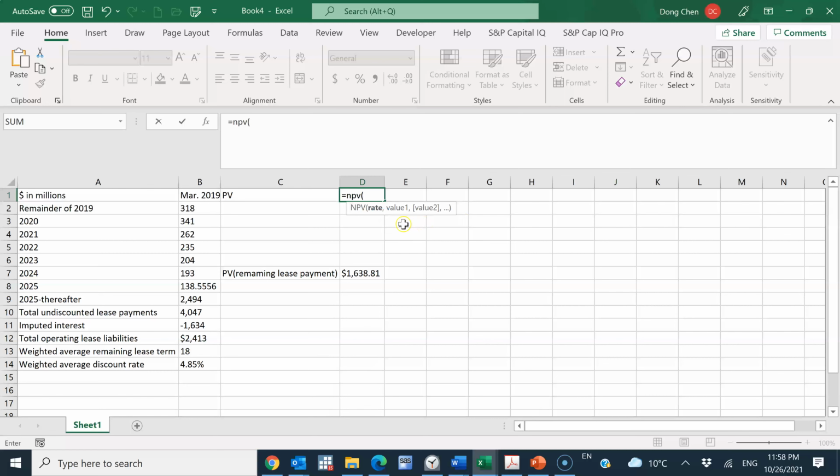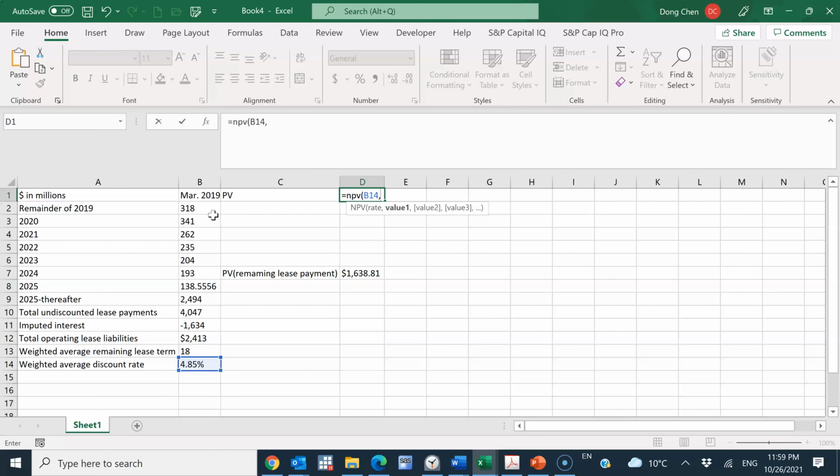So equals NPV, if you open this, you can see there are a bunch of inputs. The first one is the rate. That's the discount rate. And starting from the second one, that refers to the cash flows. The format required for this NPV function is that, as I said, it only calculates the present value of all future cash flows.